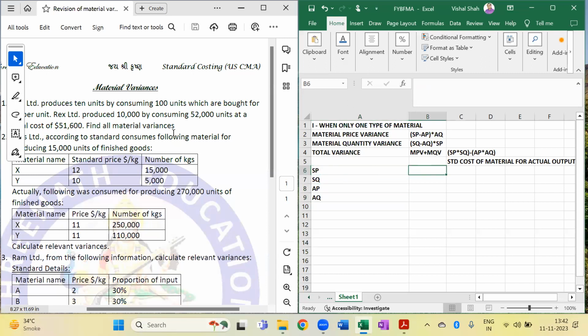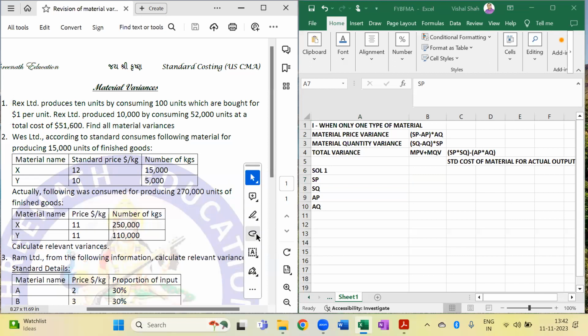Okay. Now let's go on to sum number one. Rex Limited produced 10,000 units by consuming 52,000 units at a total cost of 51,600.